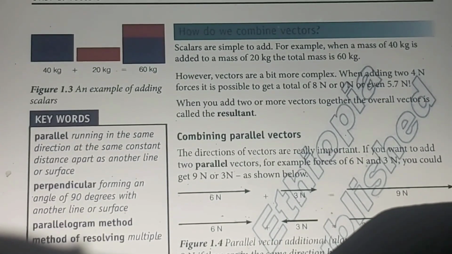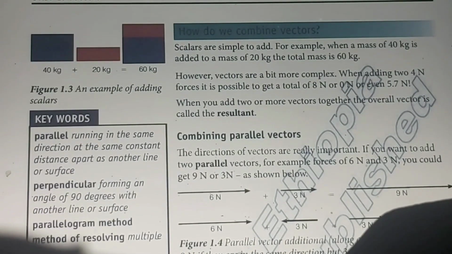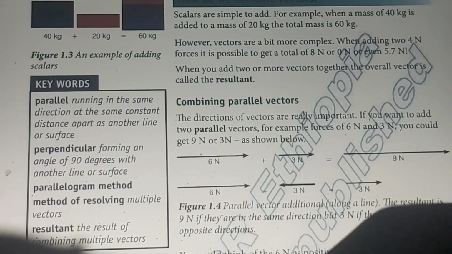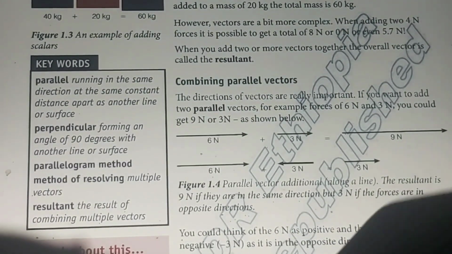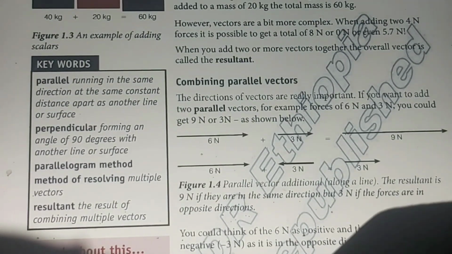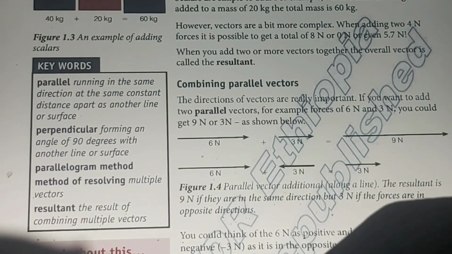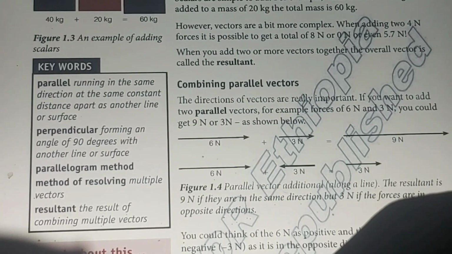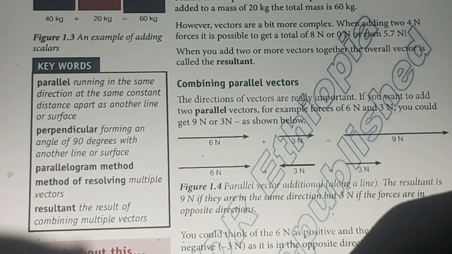The other method is resolving. By resolving, we can have the resultant vector. Okay, here it says resultant. What does resultant mean? The resultant is the result after the given vectors are combined, after we subtract or add. That result is called a resultant vector.